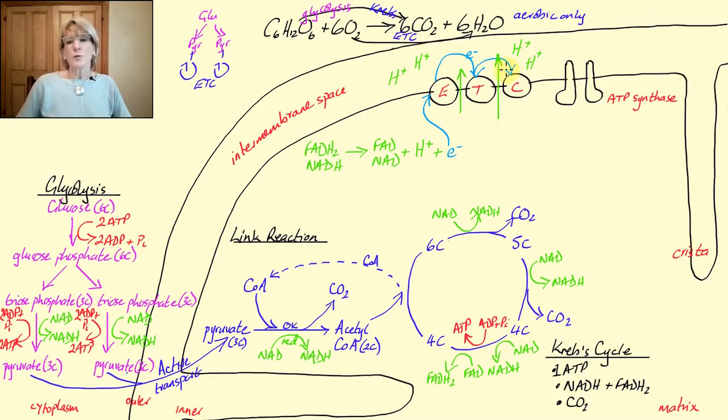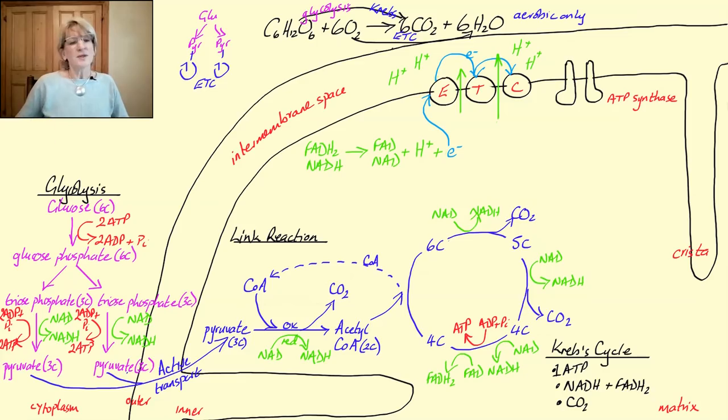And as a result, we get a build-up of hydrogen ions in this intermembrane space. And that creates an electrochemical gradient. And that is like water being held behind a dam. It's a form of potential energy.